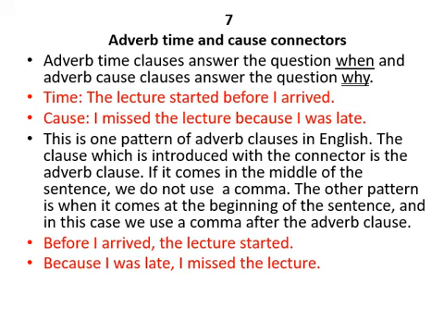The other pattern is when it comes at the beginning of the sentence، ممكن في الإنجليزي، and in this case we use a comma after the adverb clause. ليه؟ لأن ال adverb clause is not the main clause, is not the independent clause، ما هياش الجملة المستقلة. يعني لو أنا قلت مثلا because I was late I missed the lecture. because I was late دي خارج عن الكلام الأساسي اللي عندي I missed the lecture. يبقى لما هقول الكلاوز دي في الأول لازم أفصلها بكوما عن الكلاوز الأساسية. يبقى before I arrived, comma, the lecture started.